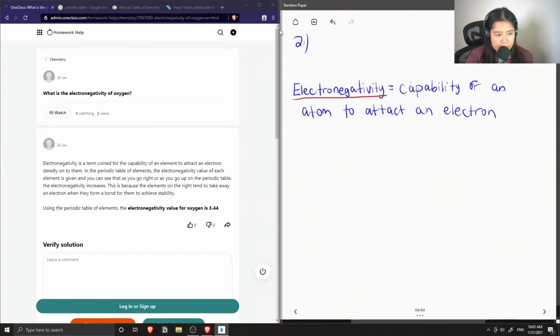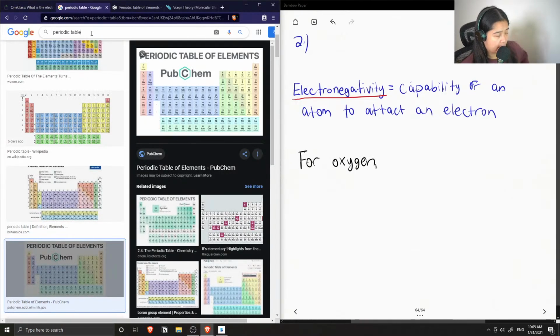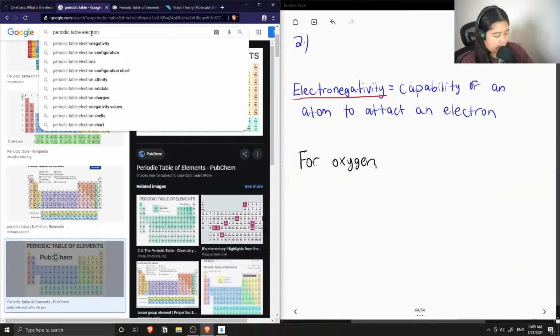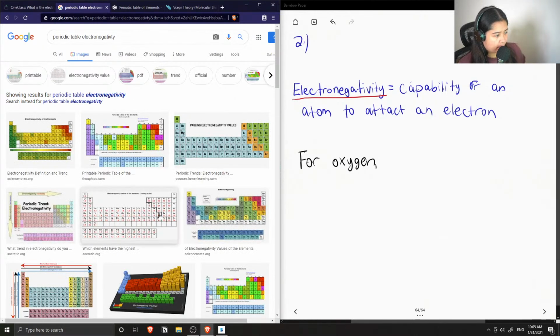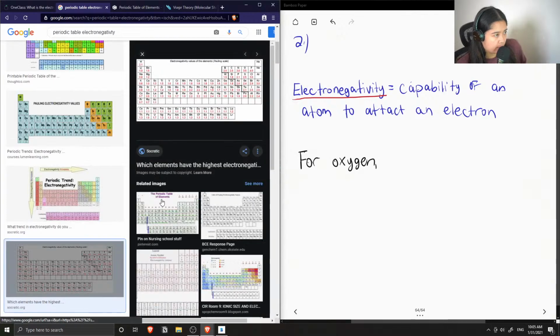Okay, so for oxygen, we can look at a periodic table that shows all the different electronegativity values. So here's one for example.